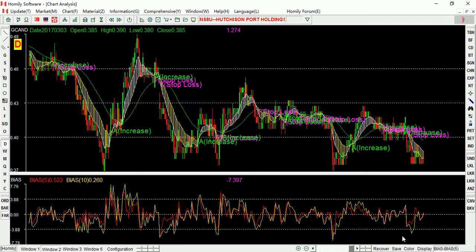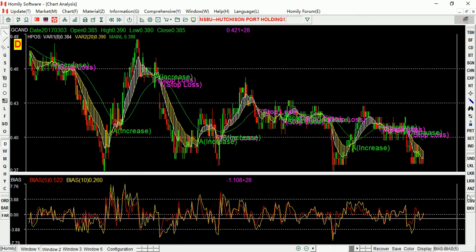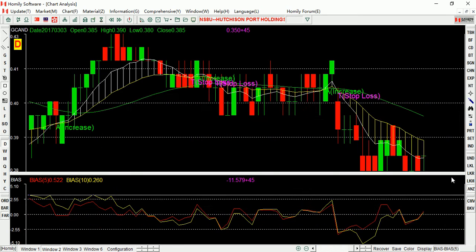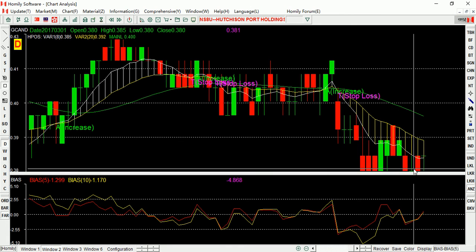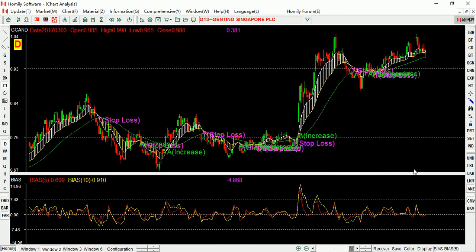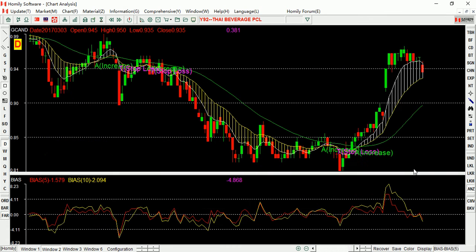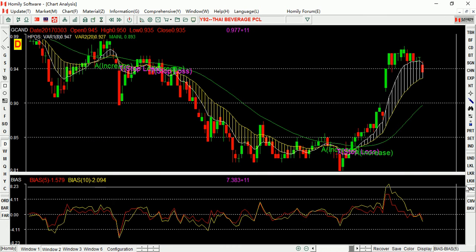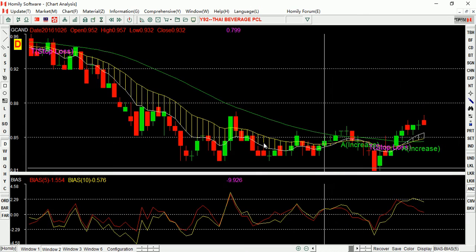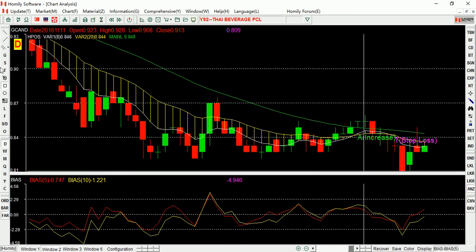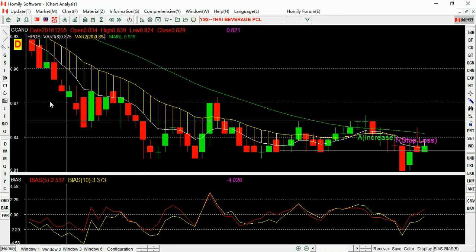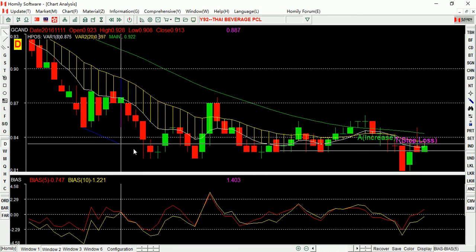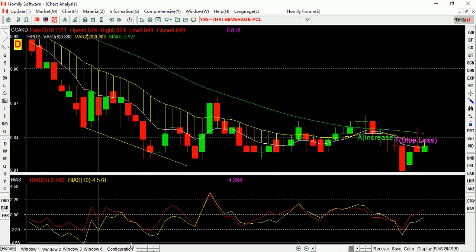All stocks we can check. So like this one. This one not confirmed yet. Okay? So we can see this one. So like this stock, the price drops, the low point is lower.